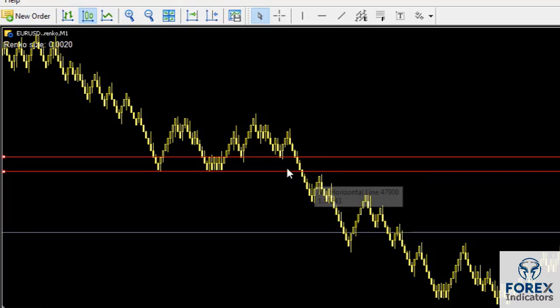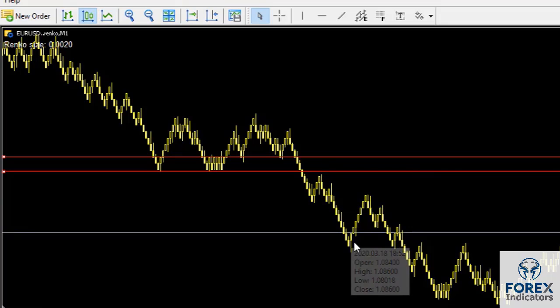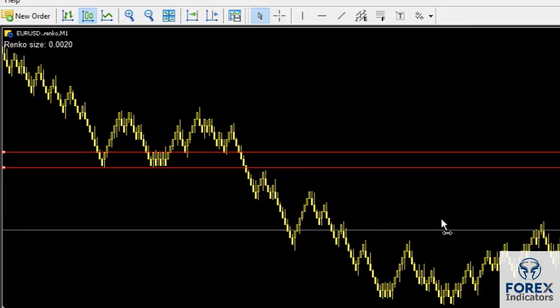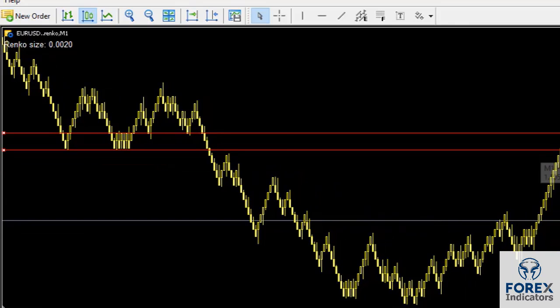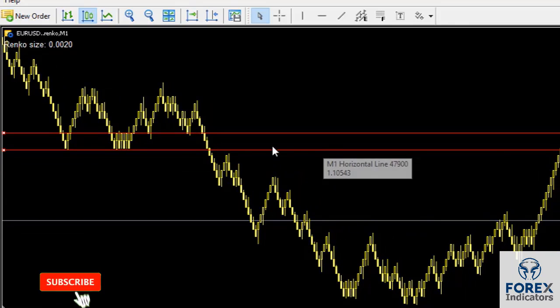So this support that was initially the support broke out and then became a resistance. See, it went back up, nearly touched it, and then went down. It didn't come back up to this area. But when it does come to this area, watch what happens. This area, we have already marked.